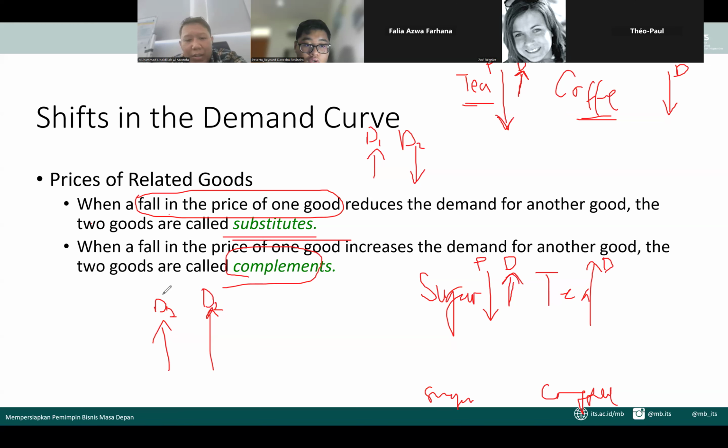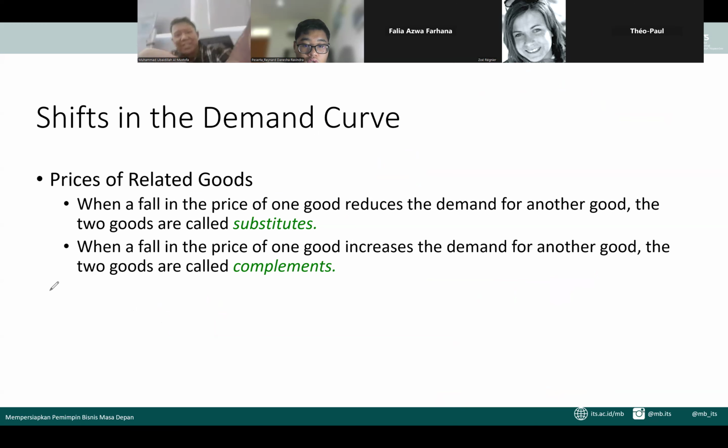So demand increase, demand increase; demand increase, demand decrease. This is for substitutes, and this is for complements. Okay, all right. Do you have any questions on this? Is anyone confused about the concept of substitutes and complements?